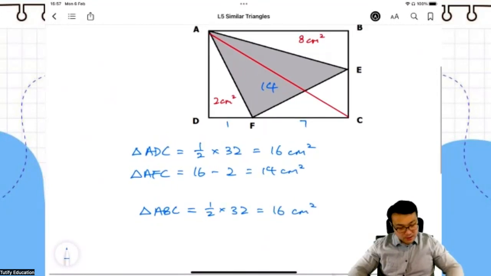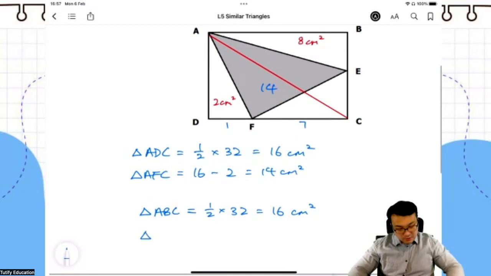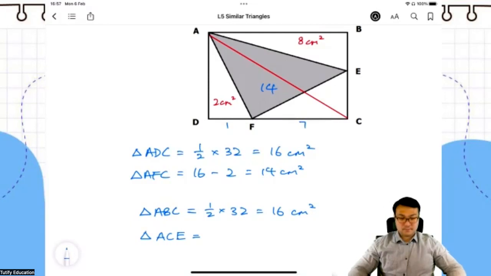Then if I already know that that is 16, what is the area of triangle ACE? 8. Yes.